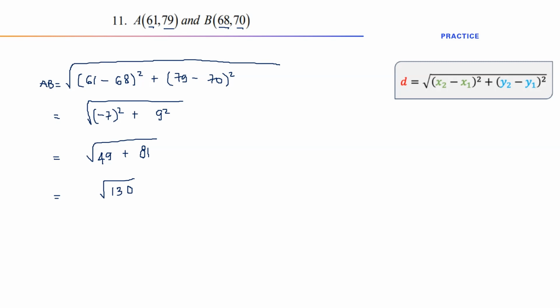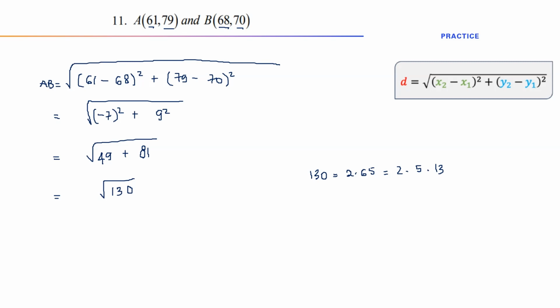And we say that we have 2 times 65 is 130. And 130 can be rewritten as 2 times 5 times 13.